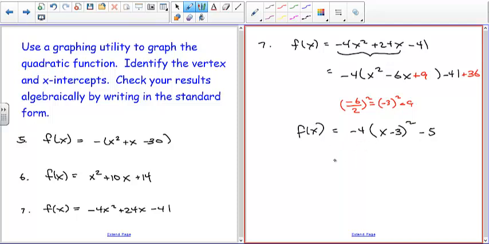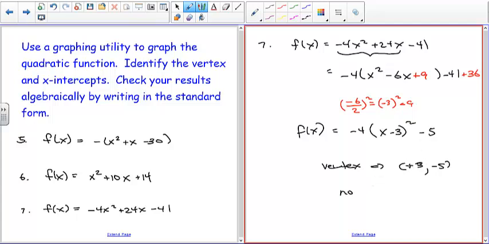So the vertex has the coordinates positive 3, comma. So it's x minus h, so h is 3. So that's plus 3, negative 5. Oh, so how do we know this is no x-intercepts?